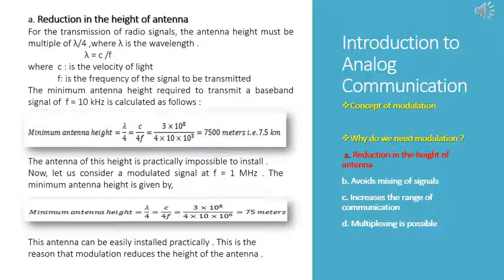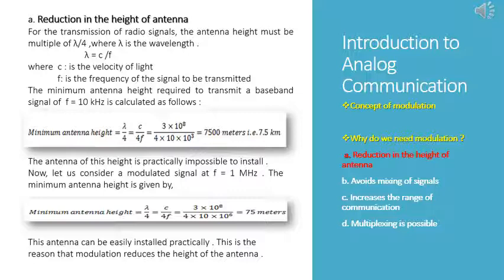I have made a clear-cut example to show how the modulation process assists in reducing the height of the antenna. If the antenna height is very long, it is very tough to build that communication system practically. So we have to make the antenna size small, which is practically possible.